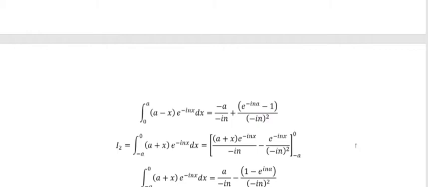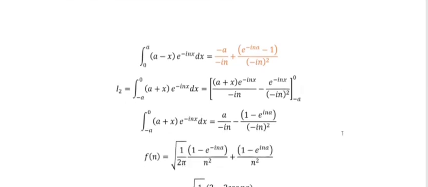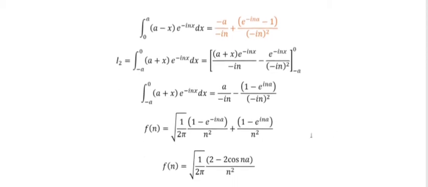So for I1 we will get an answer like this: minus a by minus I n, plus e raised to minus I n a minus 1 by (minus I n) whole square. Similarly, you try to solve I2, and we will get the solution as: a by minus I n, minus 1 minus e raised to I n a by (minus I n) whole square.